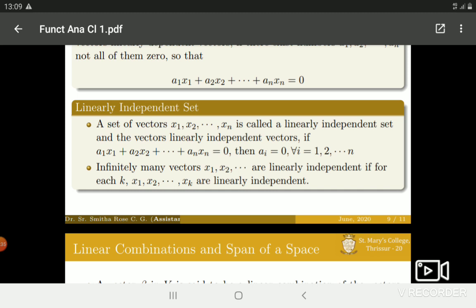Now if we have infinitely many vectors that are linearly independent, then we have an infinite dimensional linear space. That means infinitely many vectors x1, x2, etc. are linearly independent if for each k, x1, x2, etc., xk are linearly independent. So as k varies, it will still be linearly independent.